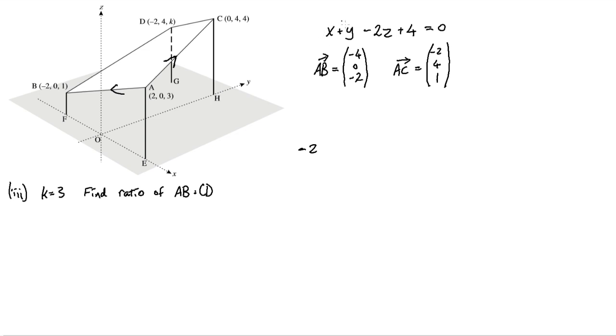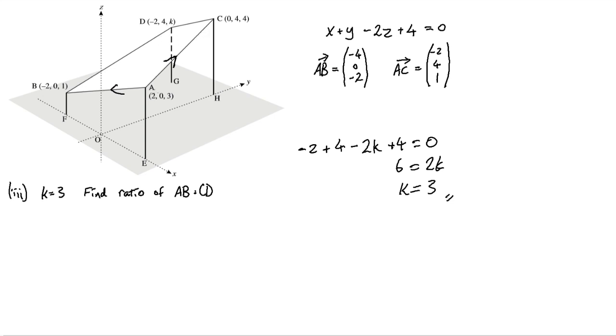Well, we use this equation: minus 2 is x, plus 4 is y, minus 2 lots of K, because K is the z coordinate, plus 4 is equal to 0, and 4 plus 4 minus 2 is 6. So 2K is 6, and so K is 3. So that's proved.